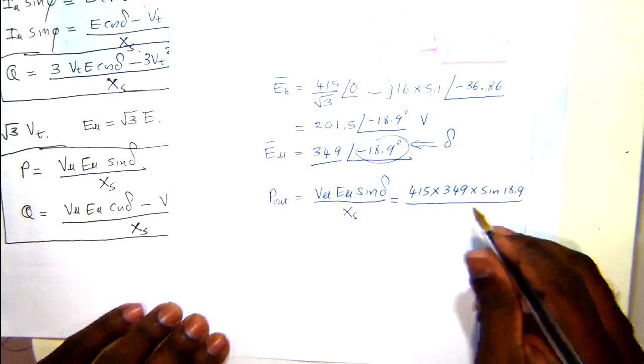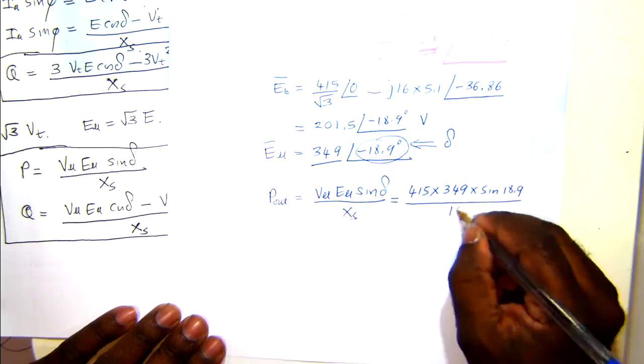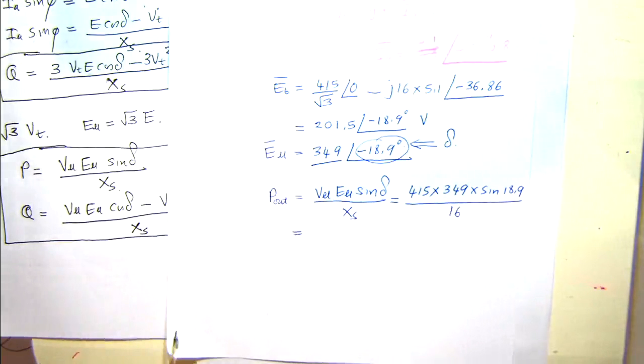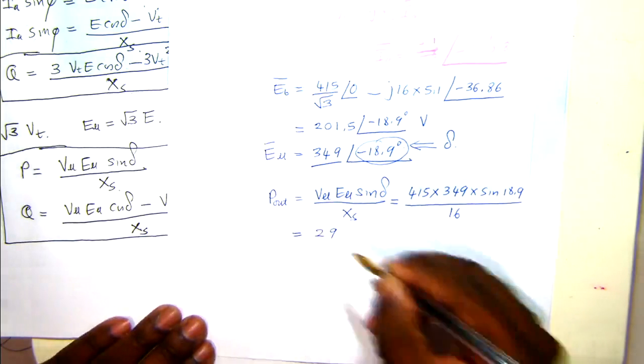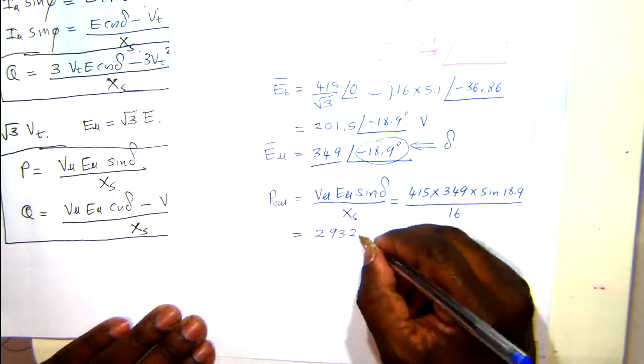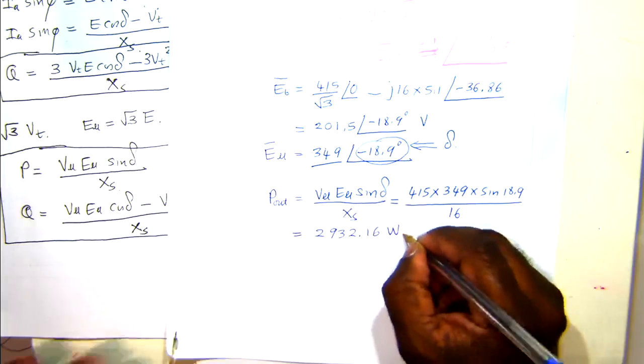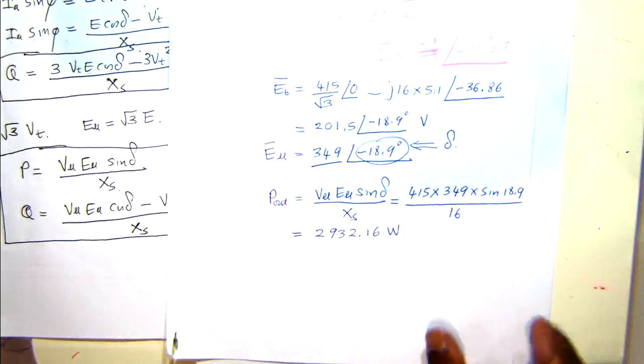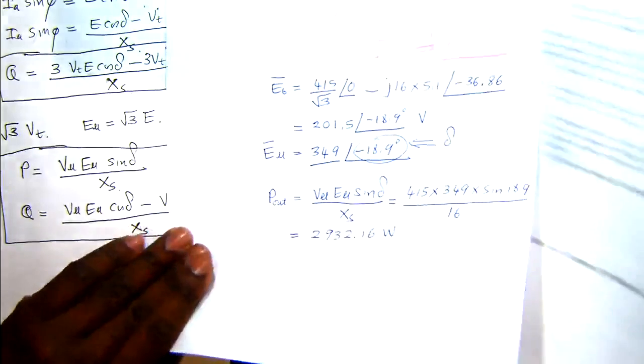Divided by XS, that's 16. So you have 2932.16 watts of power being transferred to the mechanical domain.